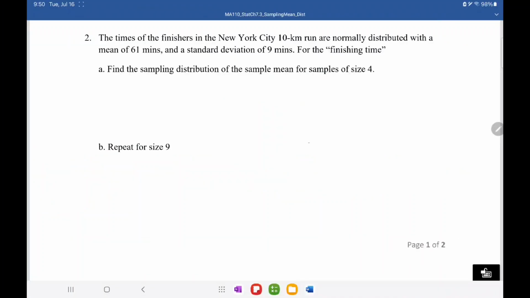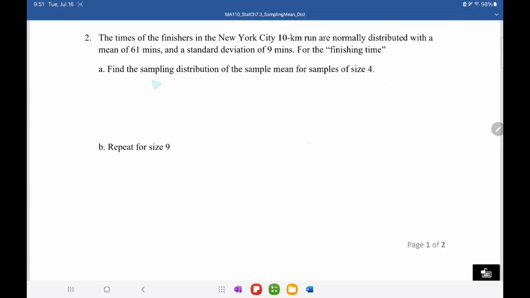Let's work on the second question now. It says here the times of the finishers in the New York City 10-kilometer run are normally distributed with a mean of 61 minutes and a standard deviation of 9 minutes. For the finishing time, first find the sampling distribution of the sample mean for samples of size 4.